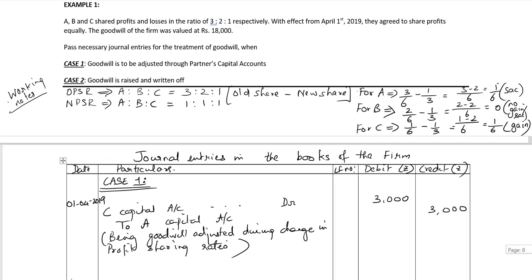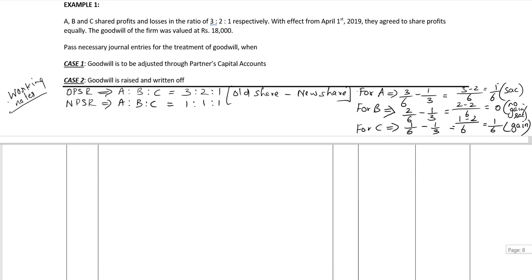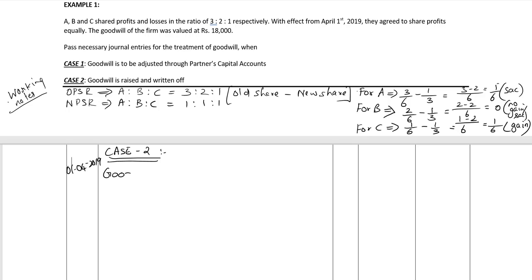Now let's go to the second case. The same date, 01/04/2019. Case 2. Under case 2, the first entry is for raising the goodwill. So I'll debit goodwill account with the goodwill of the firm, which is rupees 18,000, and credit the partners A, B and C in their old profit sharing ratio.